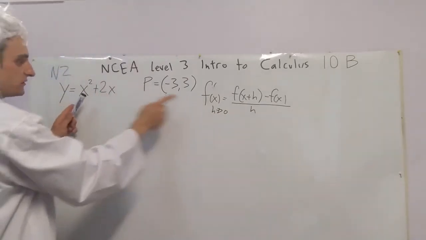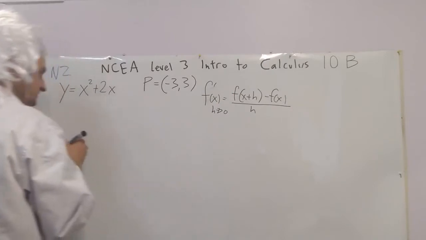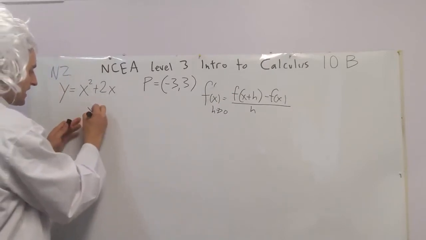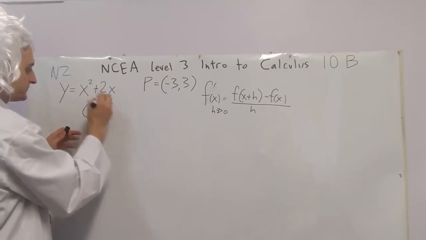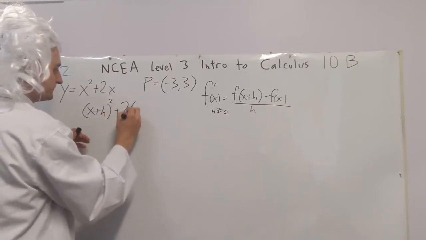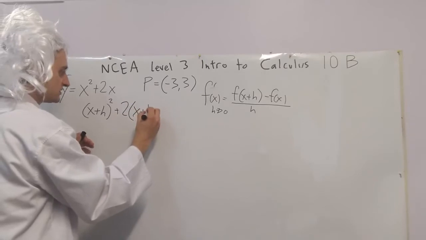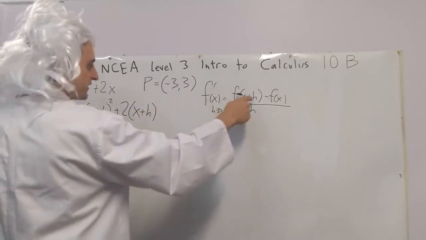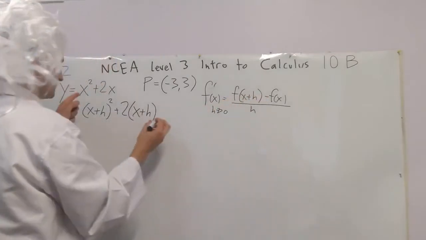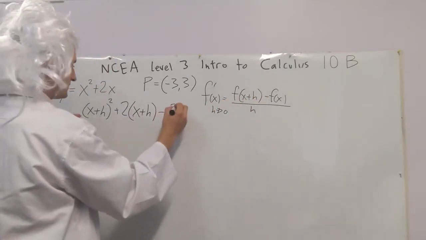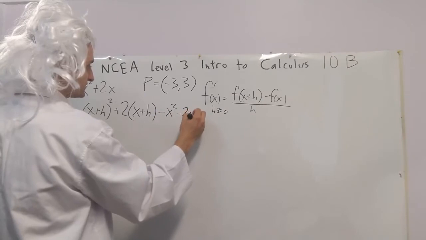So what we'll do here to find f of x plus h is we go x plus h squared plus 2 times x plus h. That's our f of x plus h. Then we have to subtract f of x. So minus x squared minus 2x.